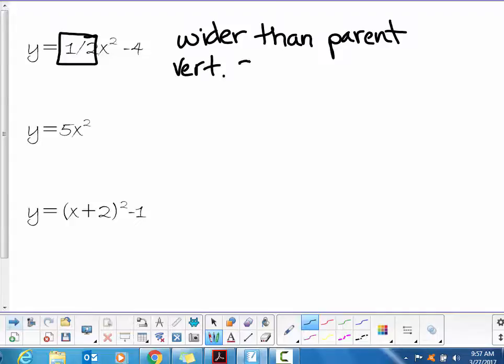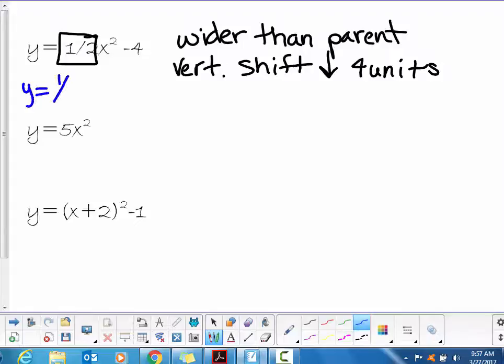I also have a vertical shift down 4 units because of the minus 4. It's very similar to y equals 1/2 times the absolute value of x, minus 4. This will be wider than the parent with a vertical shift down 4 units.